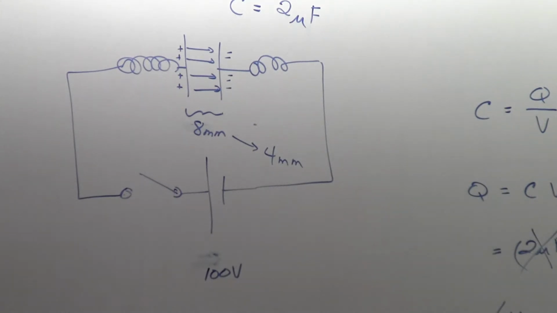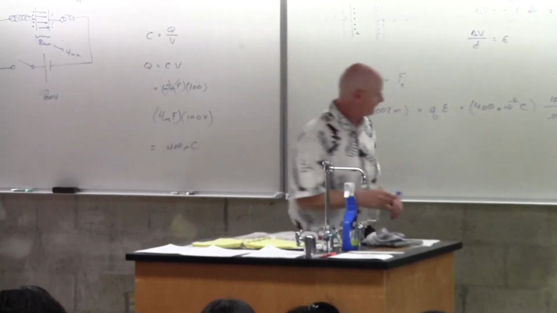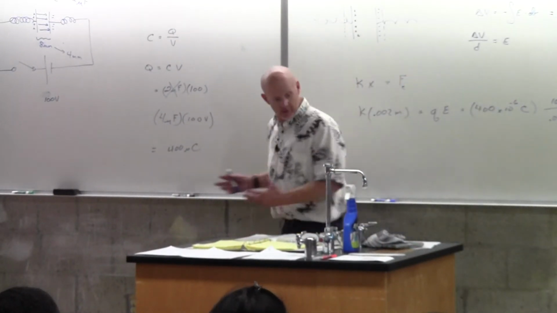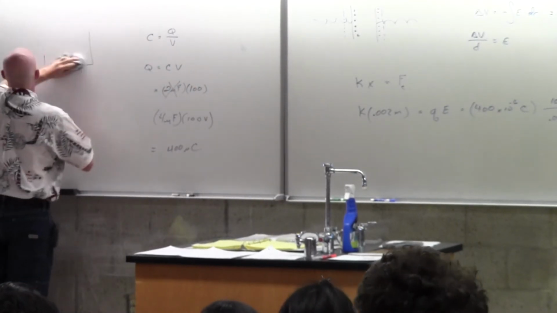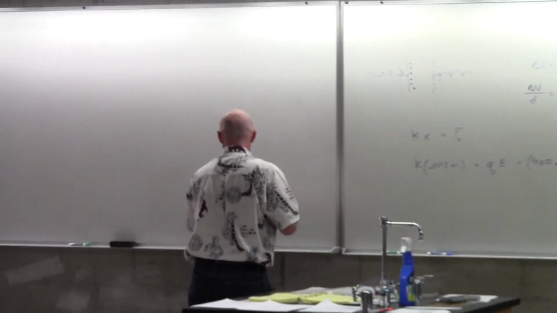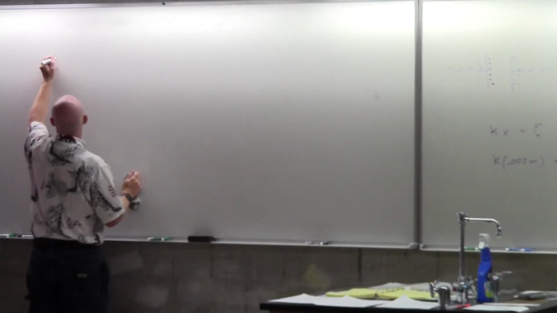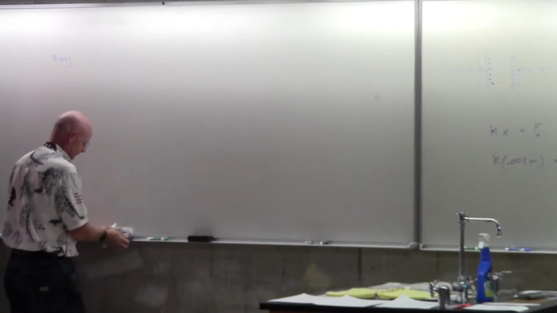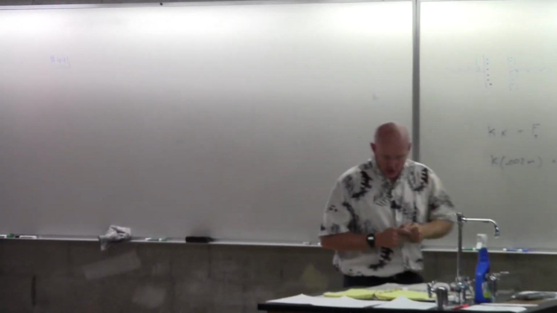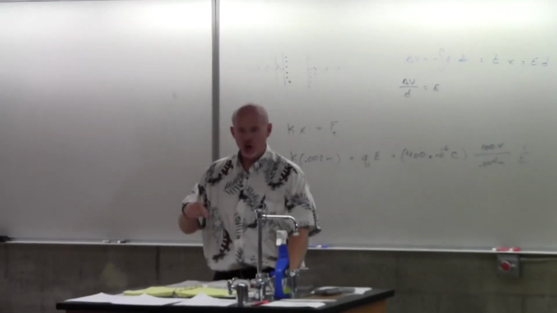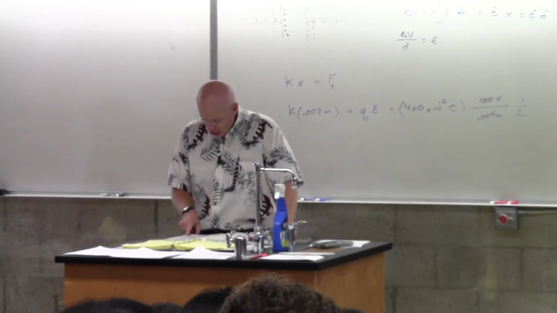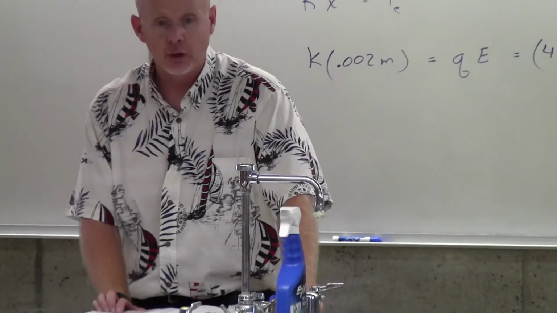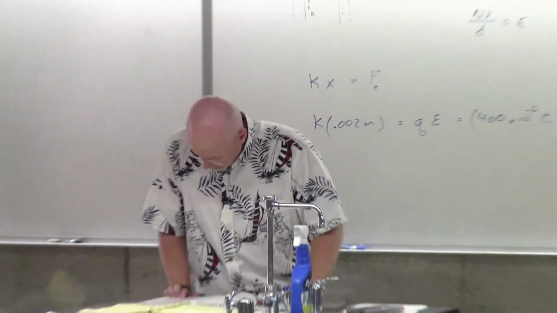All right, let's try this one then. How about, let's see, the next one here, 49 would be a good one. Where's my rag? 49 says we have a 2 nanofarad parallel plate capacitor, and it is charged to an initial potential voltage of 100 volts.